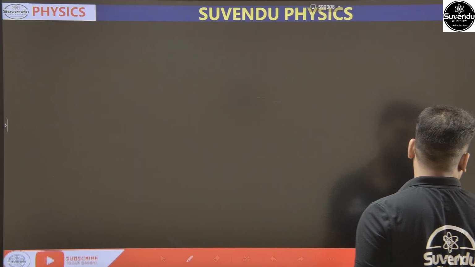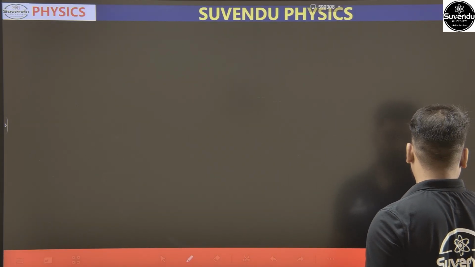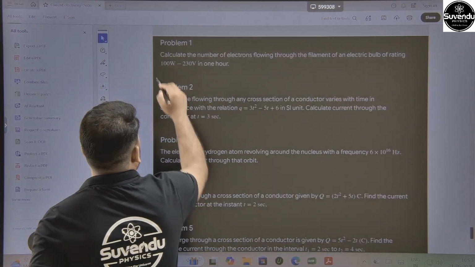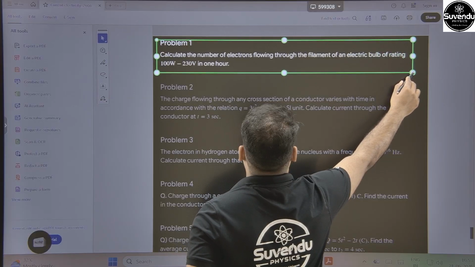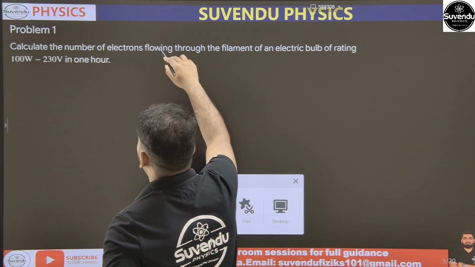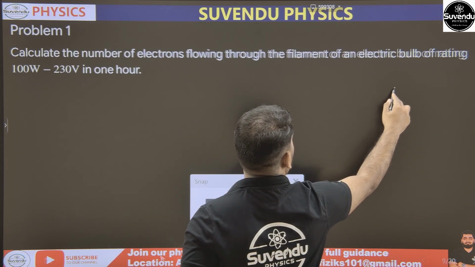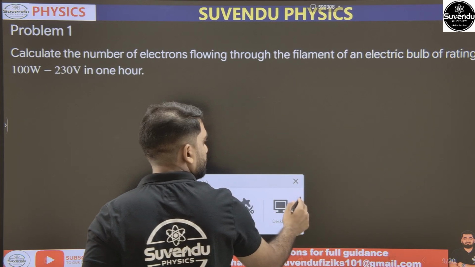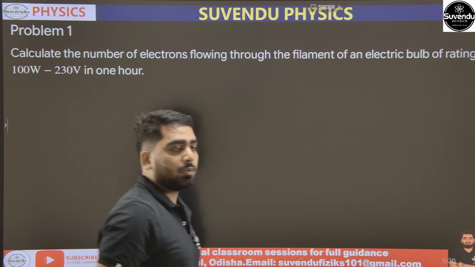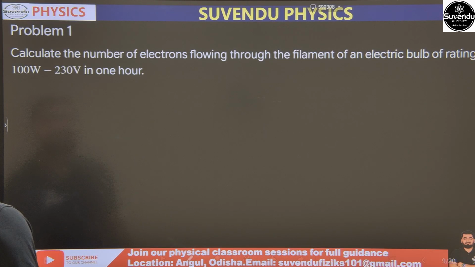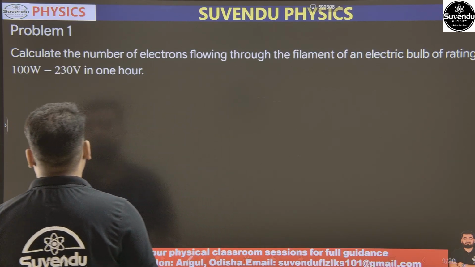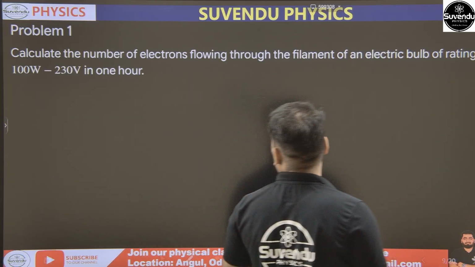Now come to our numerical portion, that is, come to problem number 1. See, problem 1 says: calculate the number of electrons flowing through the filament of an electric bulb of rating 100 watt 230 volt in 1 hour.